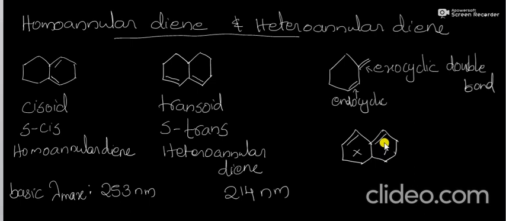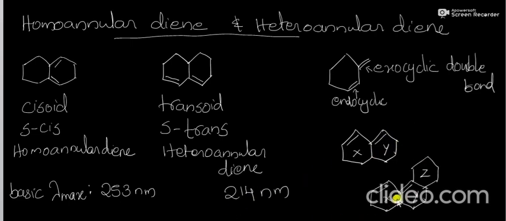For example, here is an exocyclic double bond, exocyclic to ring X, and this double bond is endocyclic to ring Y. Here is another compound.